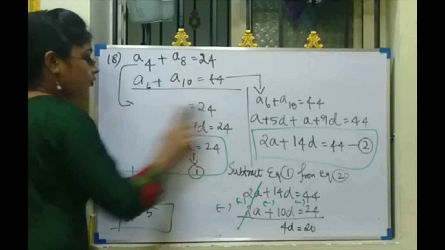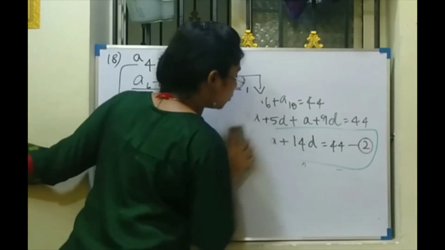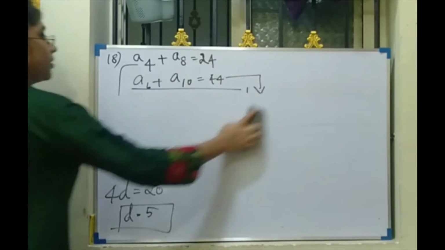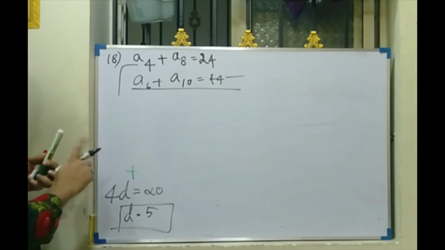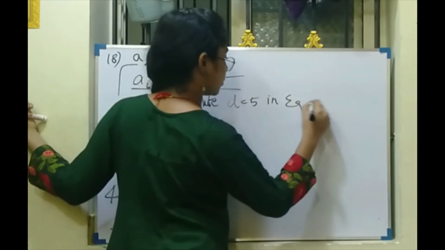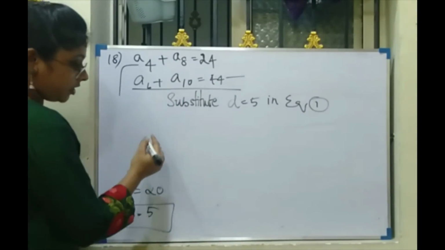Now what we have to do? We have to substitute this value in equation 1 or equation 2. Okay, so now we have to substitute D is equal to 5 in equation 1. What is your equation 1?